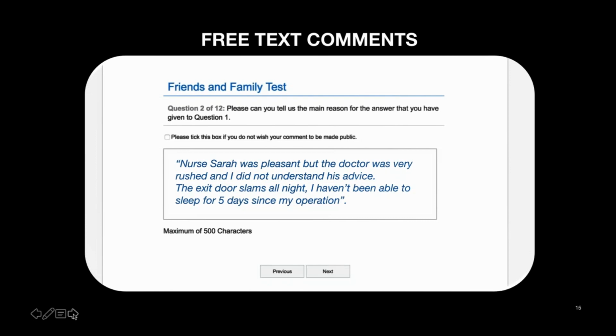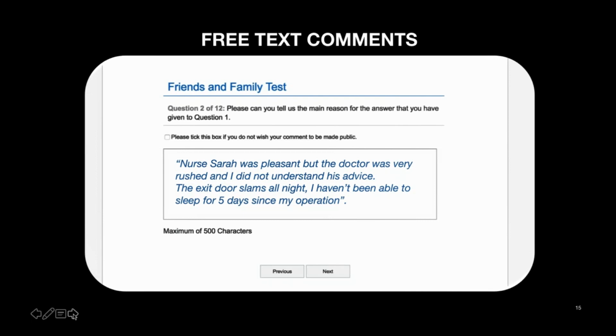What you can see here is some deeper commentary around the root cause for poor scores. And this commentary is really important. If you're only doing quantitative questions, that's not good enough. You really need this commentary to tell you the root causes, and this will help you get to the root cause quicker so you can solve it.